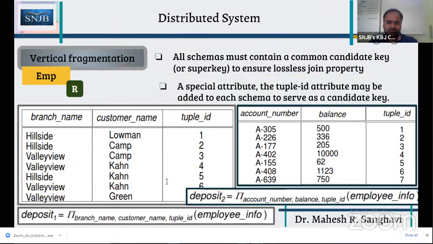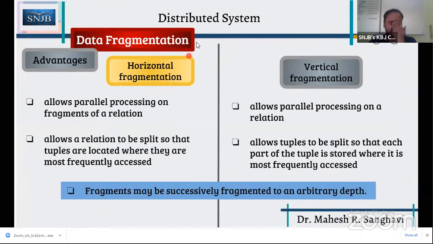Once again, to revise the concept, I'm repeating this part so that you understand the importance of vertical as well as horizontal fragmentation. Both have their own advantages. It depends on the application where to use horizontal or vertical fragmentation.